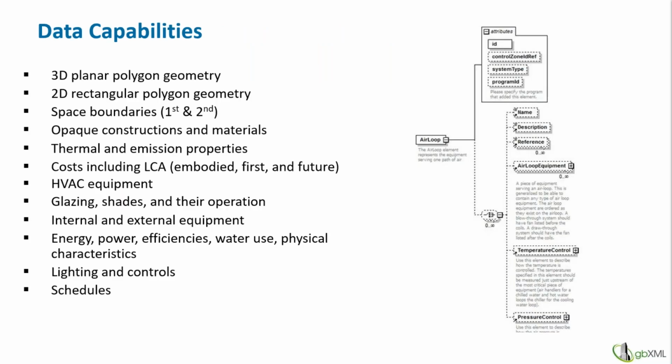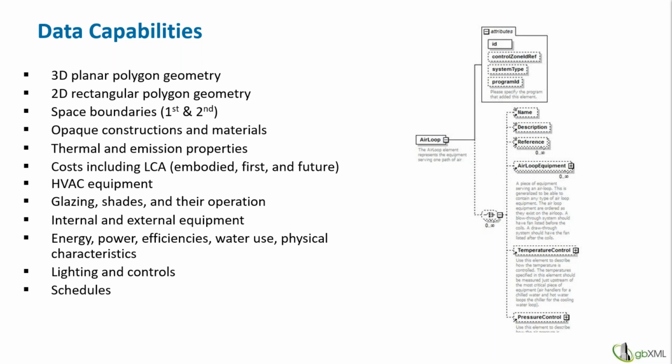So what type of data is gbXML able to model? Well, gbXML has over 500 different types of elements, attributes, and enumerations that describe all aspects of a building for purposes of analysis. And what you see on your screen here is just a subset of some of the elements in gbXML, including 3D planar geometry, opaque construction materials, thermal and emission properties, HVAC equipment, glazing, and much, much more.